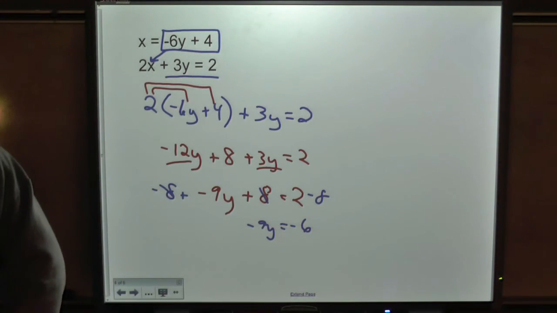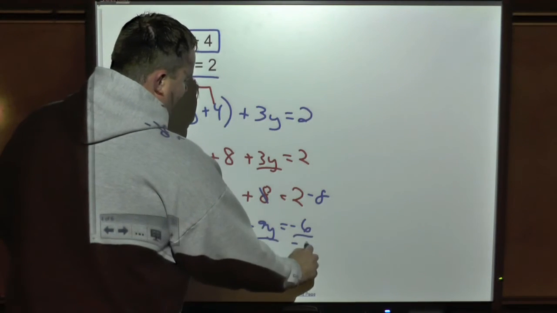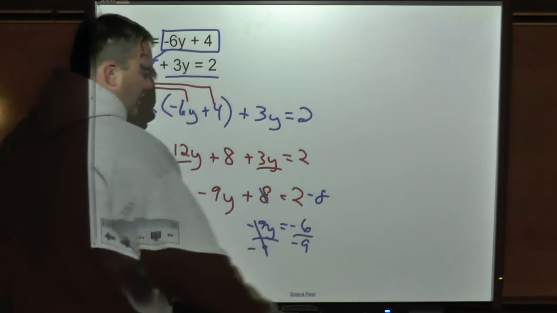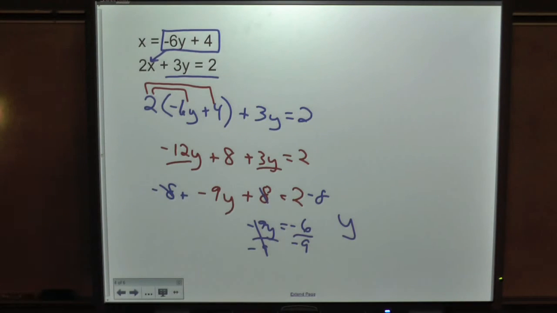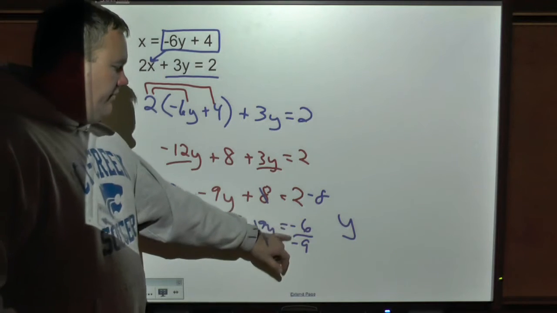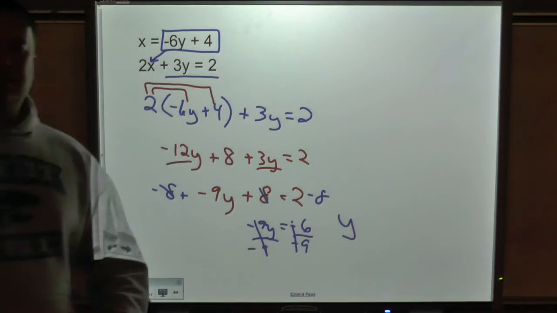Now this is the fun part. At this point, you're going to divide both sides by -9. -9 divided by -9 is just 1. This is the part people don't like. They look at that and they say, oh, I don't know what to do. Think about it. First off, a negative divided by a negative is a positive. So now you just have 6 over 9.